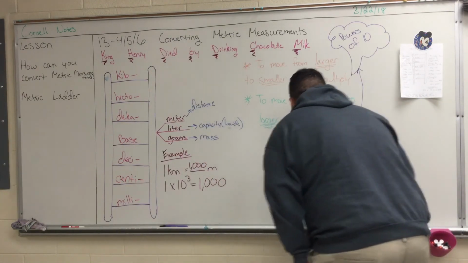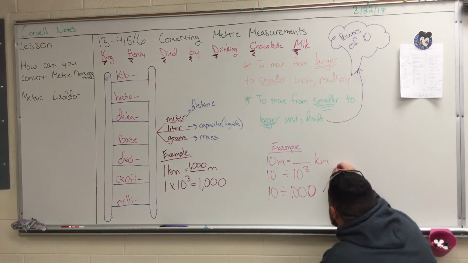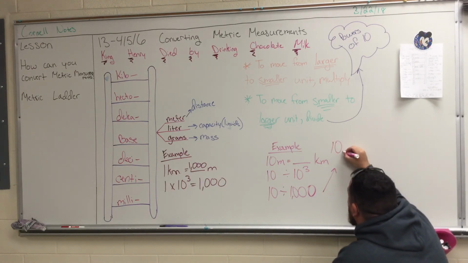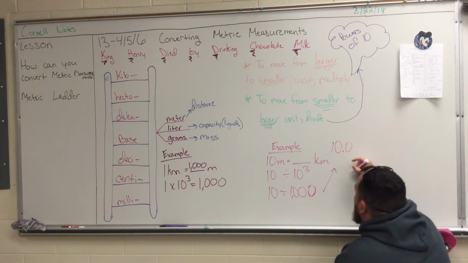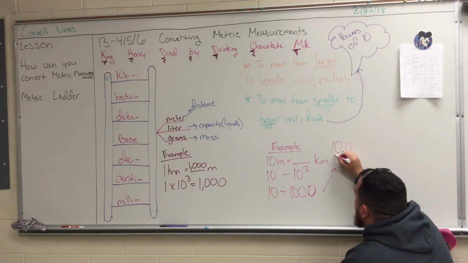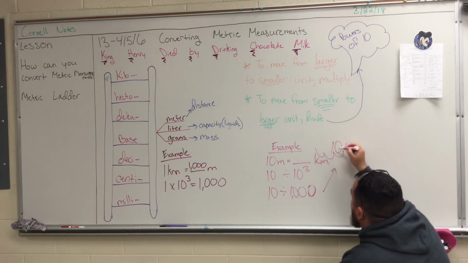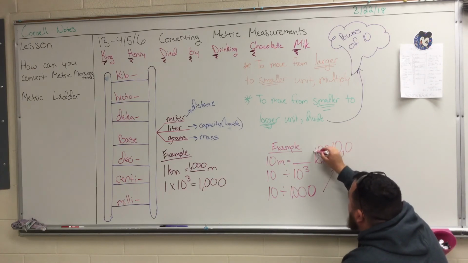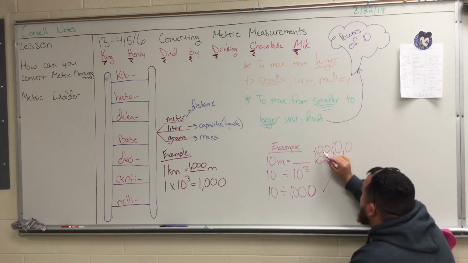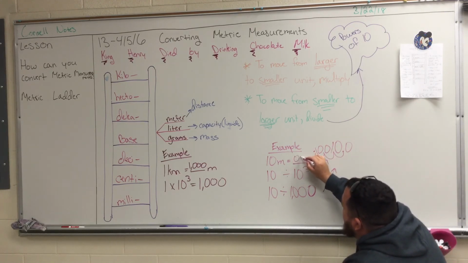So I would take 10, which is actually 10.0, and I would move it to the left 3 times. So I go 1, 2, 3. So I need to put a 0 and a 0 and a point. So 10 kilometers would equal 0.001.